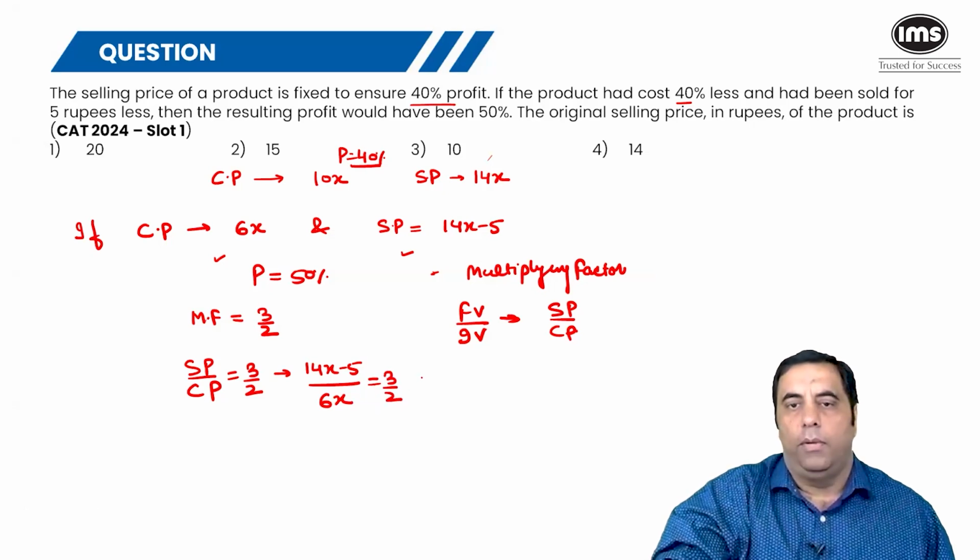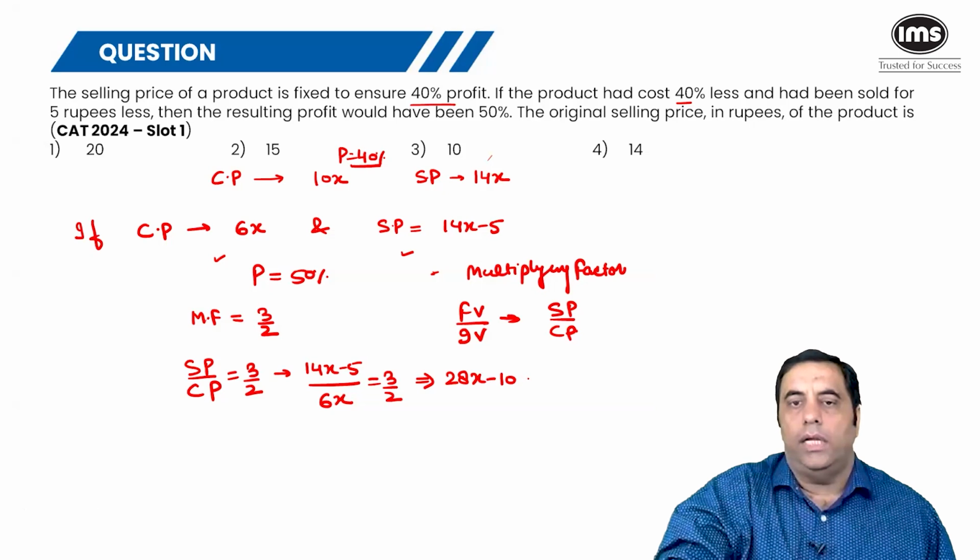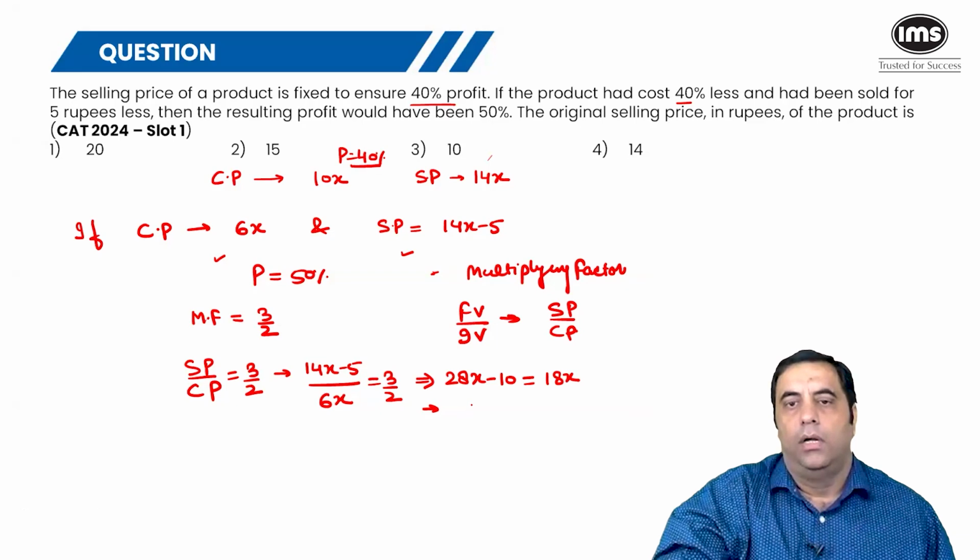Now, if you cross multiply, it implies 28x minus 10 is equal to 18x. And by solving it, we end up getting 10x equal to 10, hence x equal to 1.